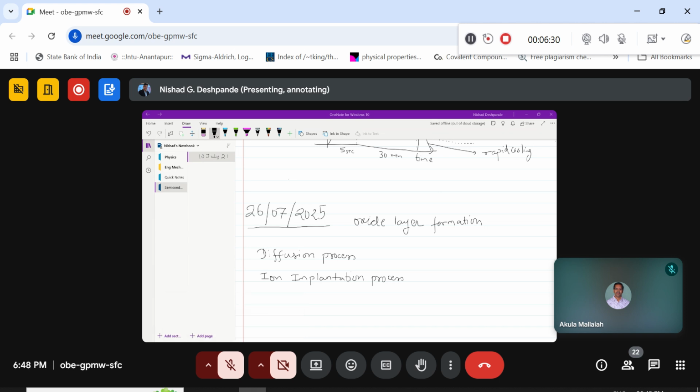So, different techniques we discussed, that is furnace oxidation, where we have horizontal and vertical furnaces that can be utilized for oxidation purposes. We talked about the rapid thermal oxidation processes, where you can have a very good control over different time periods.